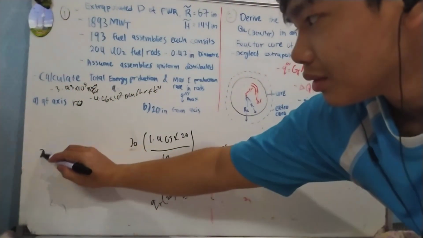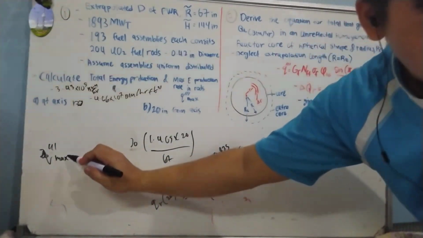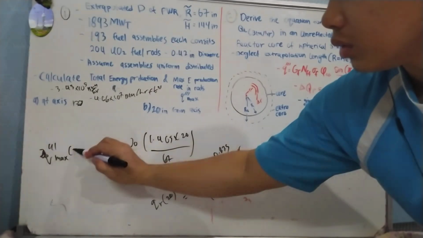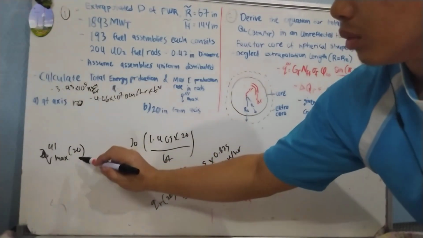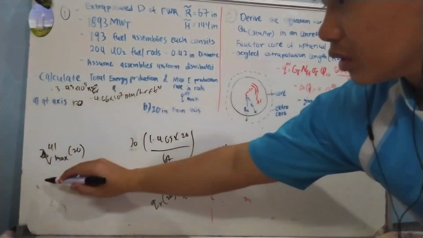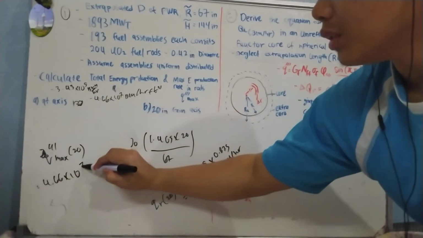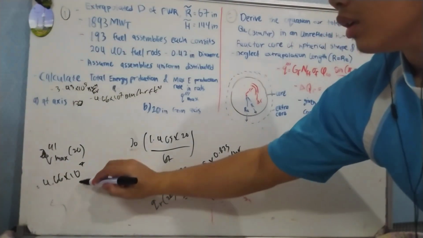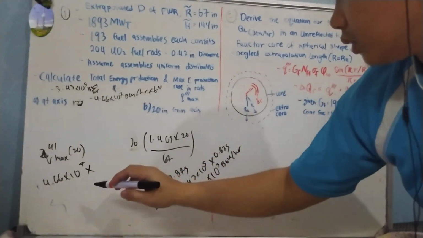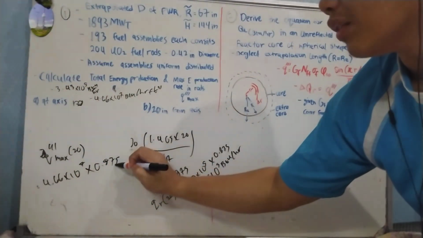For the next part, the Qmax at 20 inch away is the same: the previous one, 4.66 times 10 power of 7, times 0.875.